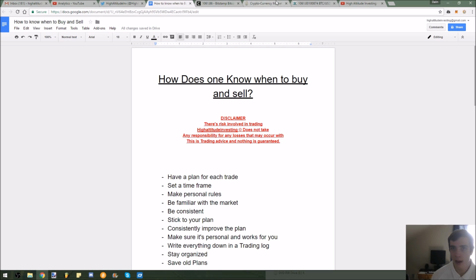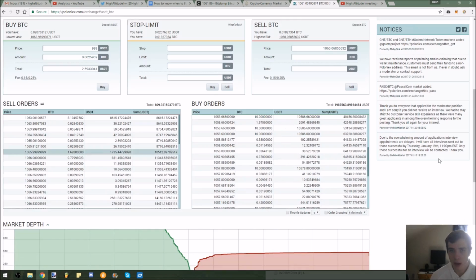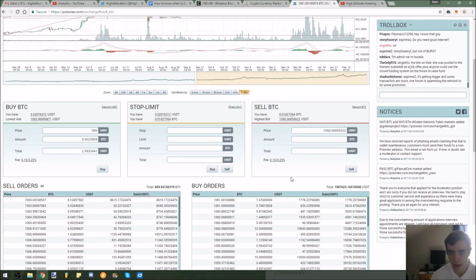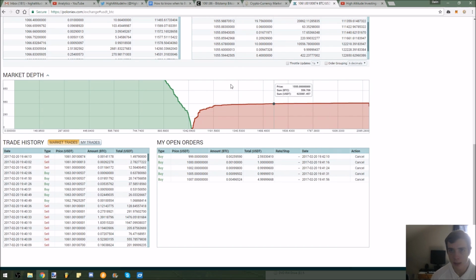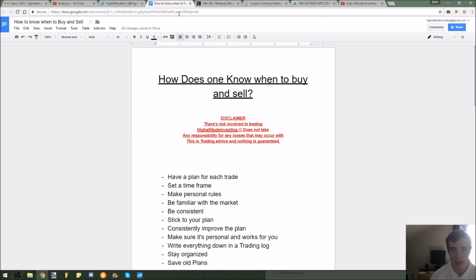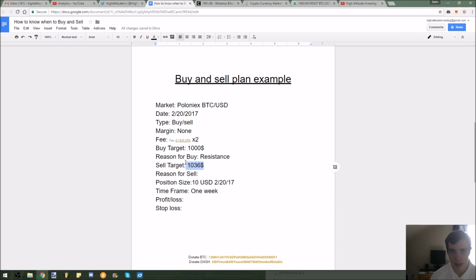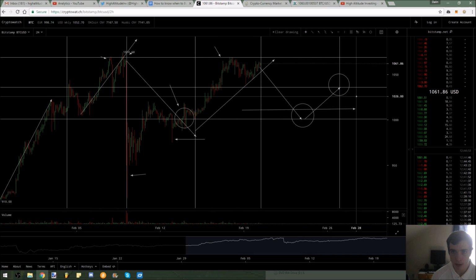But yeah, I've got my trade in, and once it fulfills the order, I'll be able to set a sell order, because obviously you can't sell your Bitcoin until you have any. So once I actually buy the Bitcoin at that price, then I can set my sell orders at my target price of 1036, because I feel like it will swing back up to that range because of the way it's been moving.